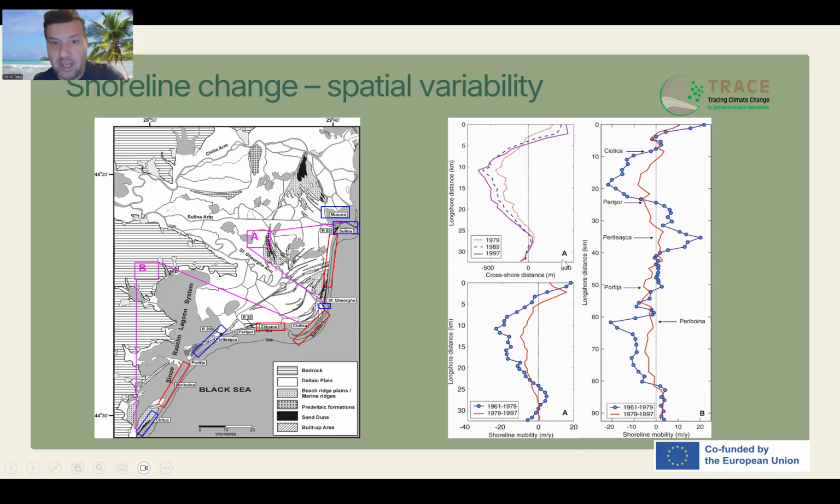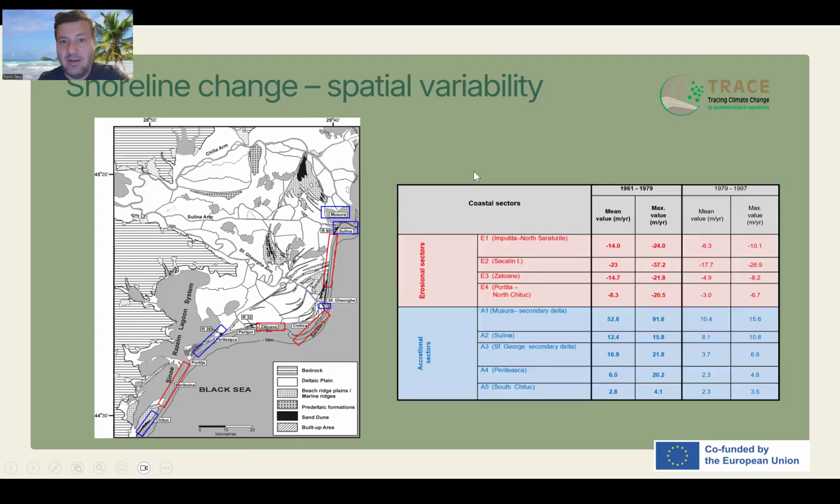And on the right hand side, we see the evolution of the shoreline in different time periods, with, as you can see here, erosion in this area. So this area is this one, and we can see continuous erosion between 1979 and 1997.